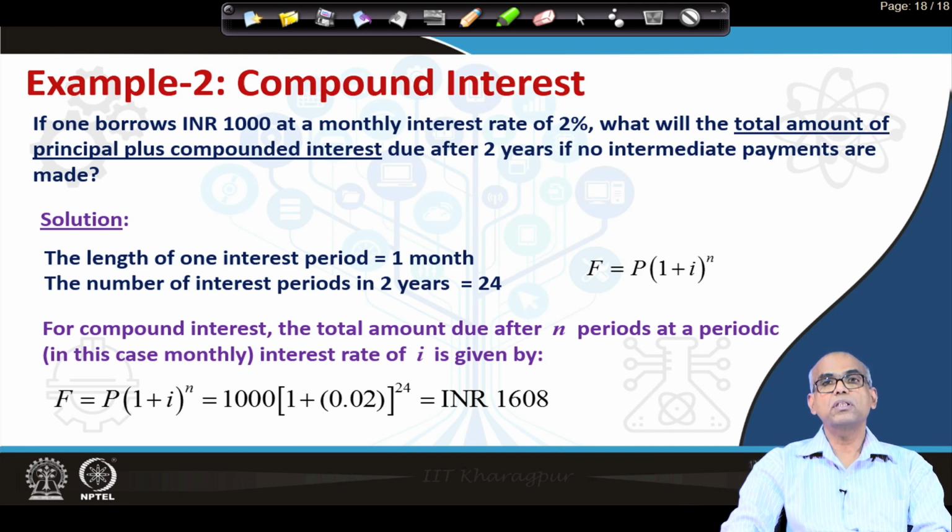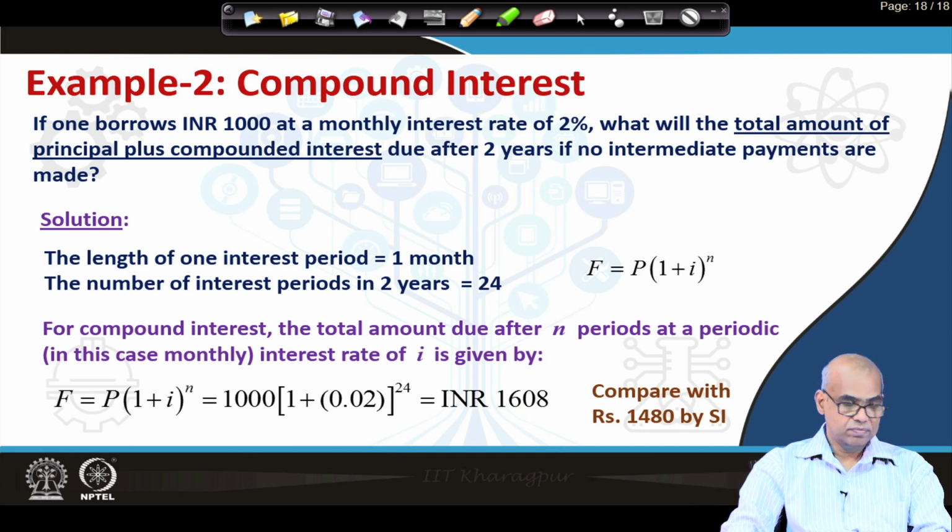If you do the computation, you get 1608. Now, you compare this with example 1, where you got rupees 1480, because we had simple interest there. So, you can see the power of compound interest. This earns more money for you.